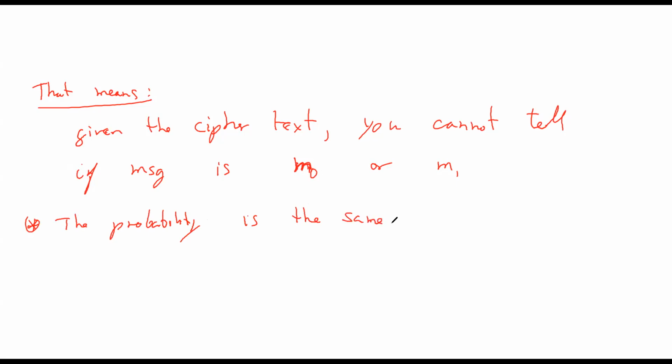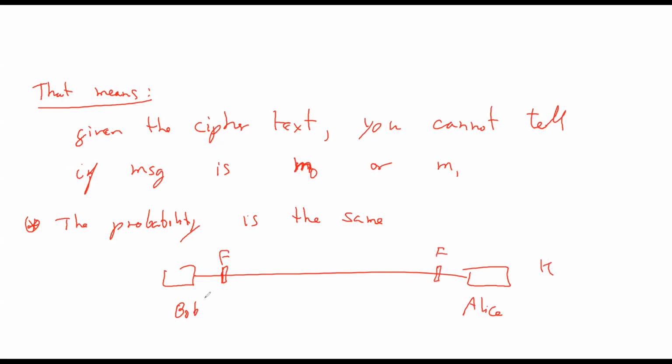So if you are an attacker and you intercept a particular ciphertext C, remember you have Bob and Alice, right? And there's a firewall here. The keys are hidden behind the firewall, but the cipher is sent over the internet, over an unsecured channel.